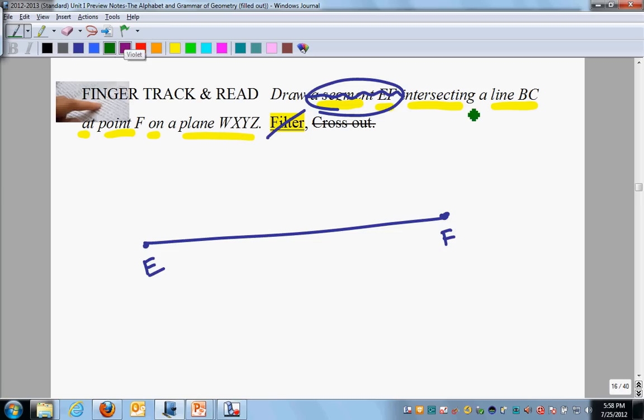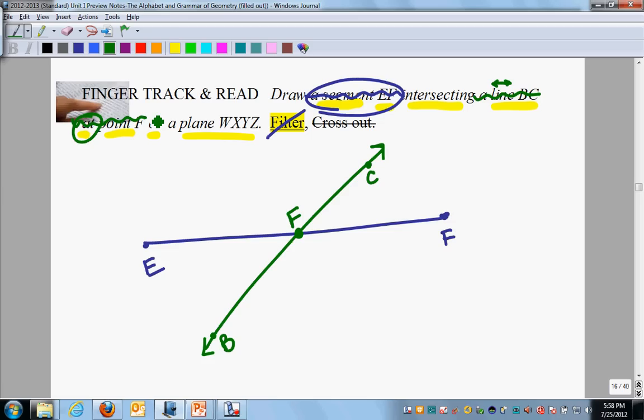Intersecting means it crosses, and we have a line, which means it has arrows, BC. At is the point of intersection, point F. So F, at means to cross, point F. Notice that's a capital letter. Cross stuff out when you're done accounting for it.